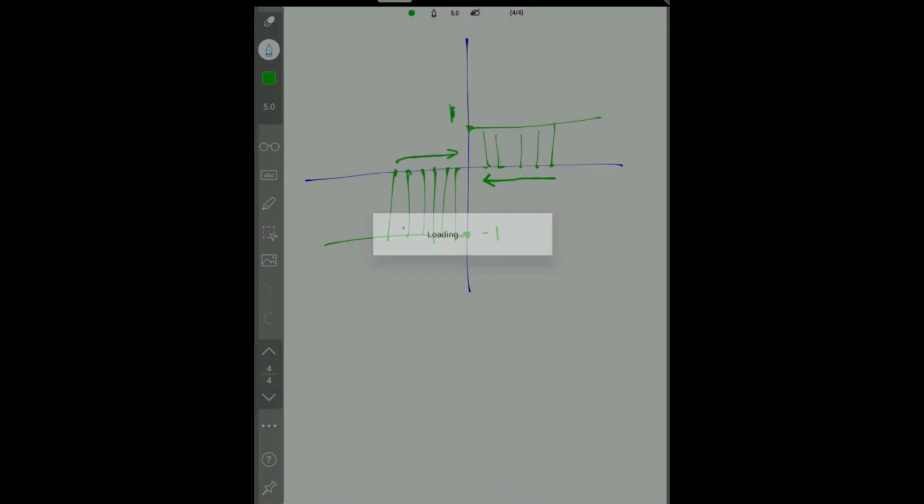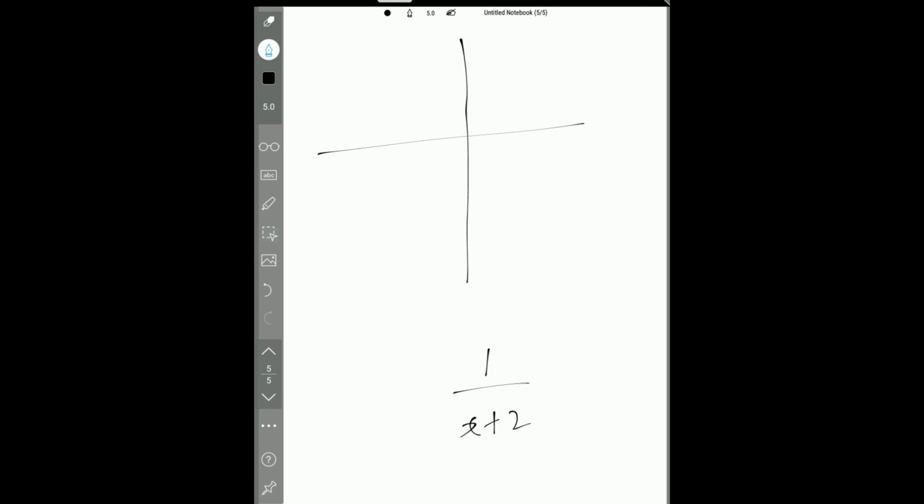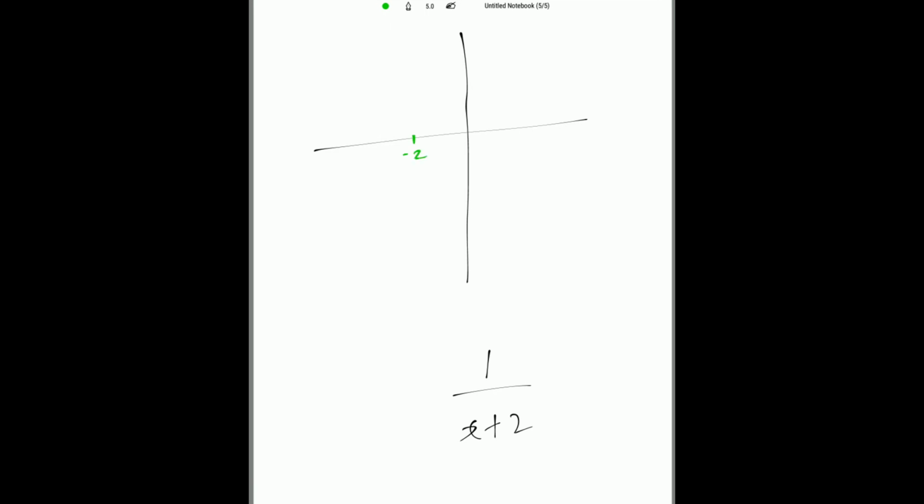And to do this, I want you to look at this graph. This is the plotted graph of 1 over x plus 2. Now, let me just find that point of discontinuity at negative 2, right?